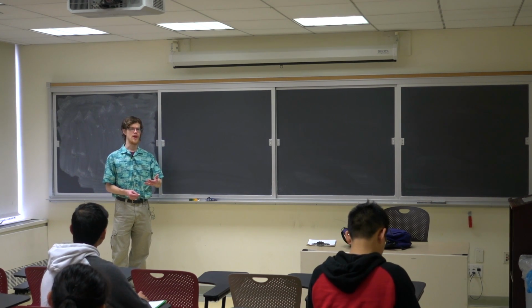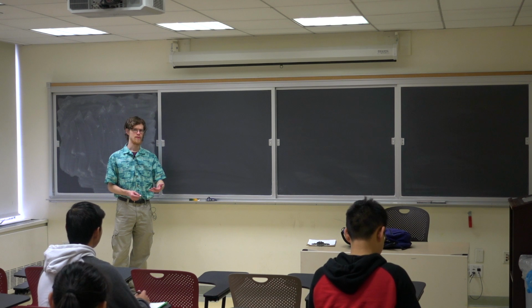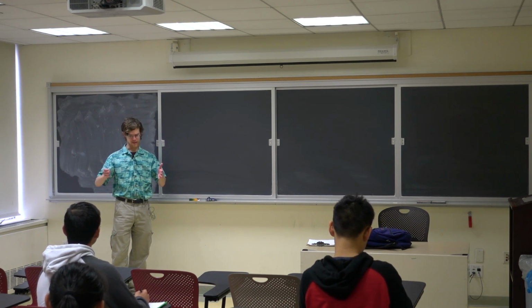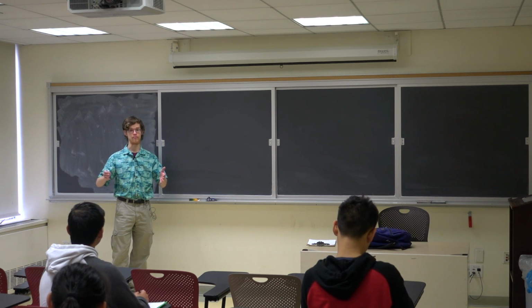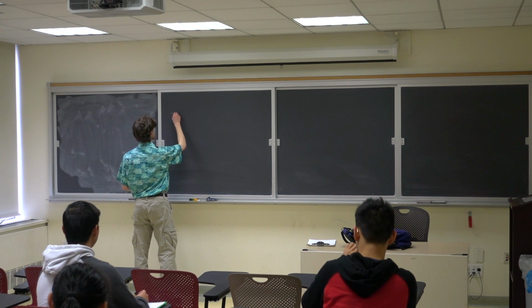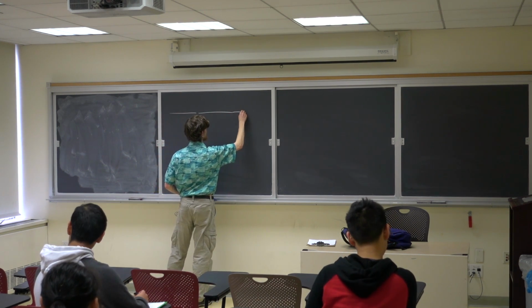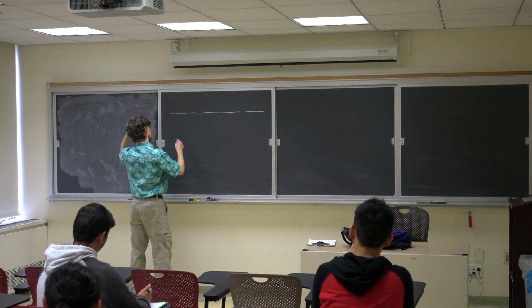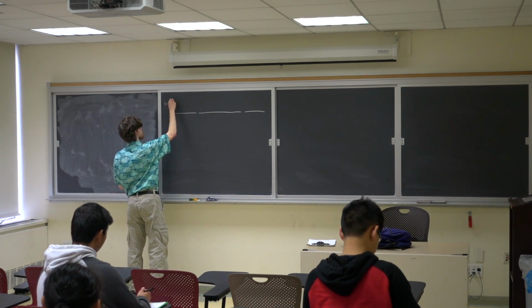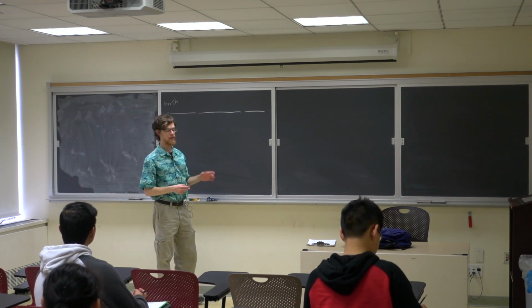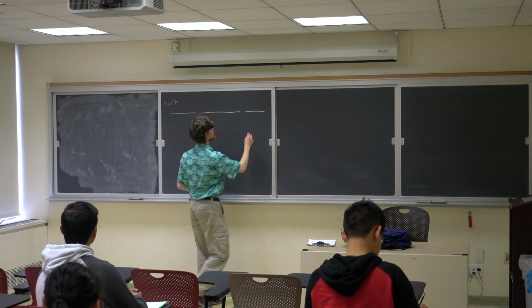Okay. For saving for retirement, we might think of the whole life of a person as consisting of multiple phases. Something like this: this is maybe the birth of a person, and this might be the death of a person, moving from left to right.